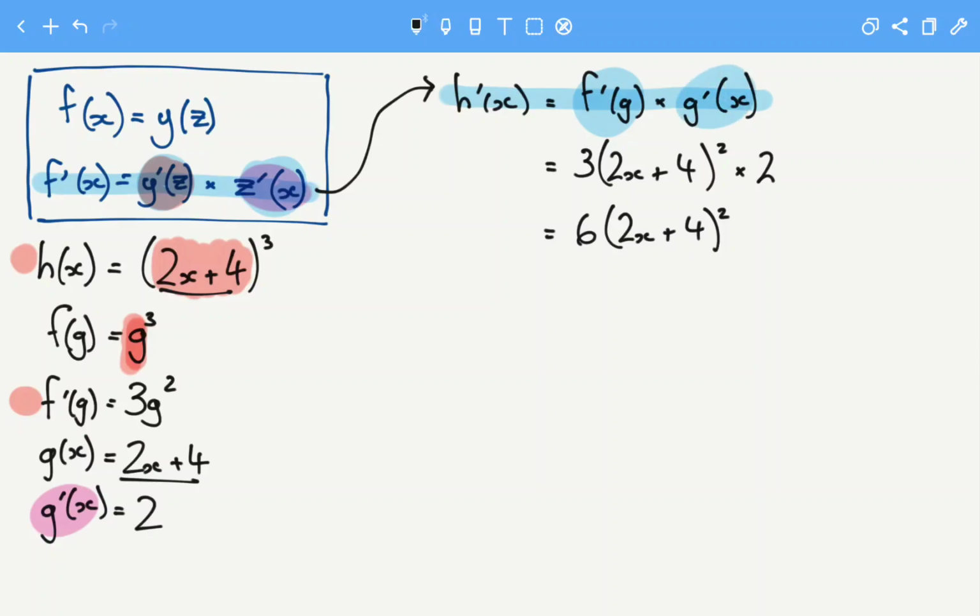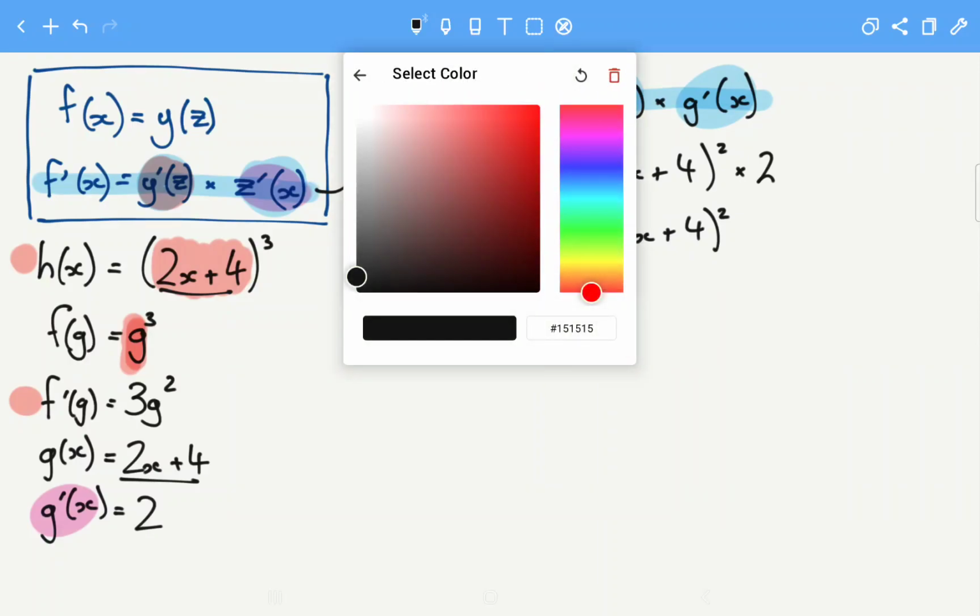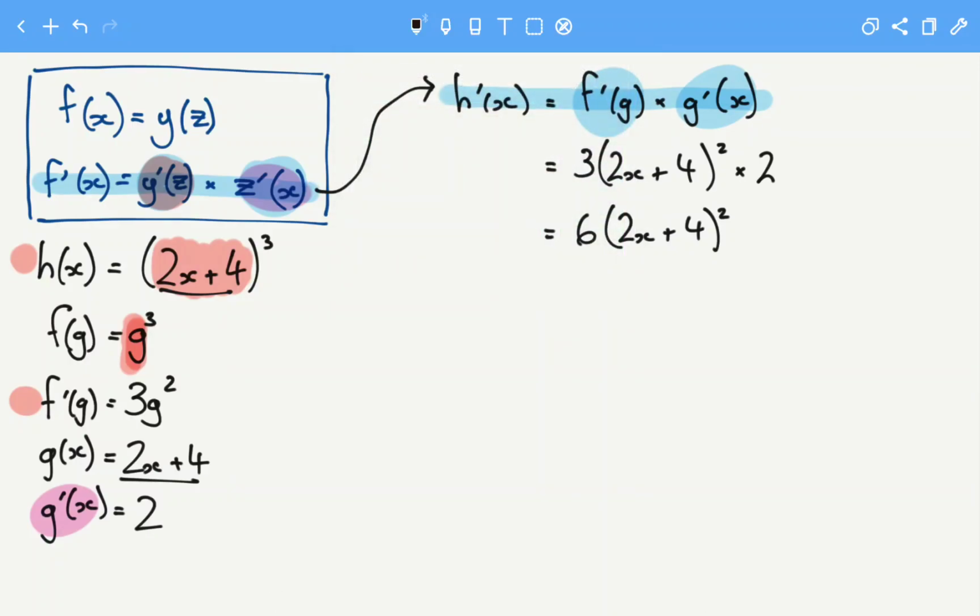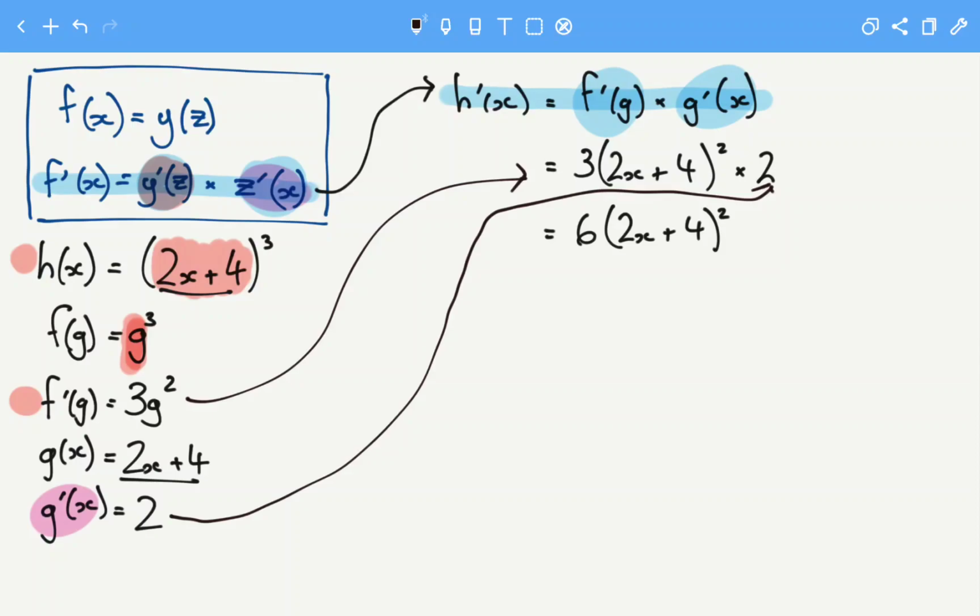So we'll pull the figures across. We have the differentiation of f for g multiplied by the differentiation of g for x. That's all that is. That 2 goes from there.